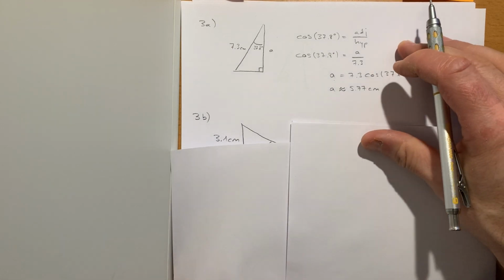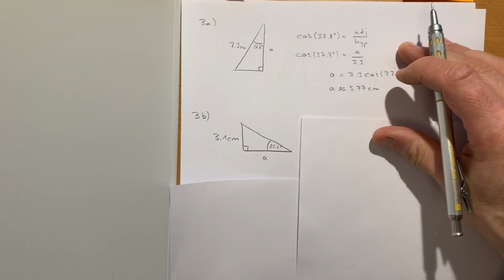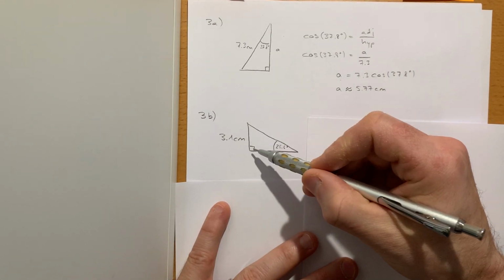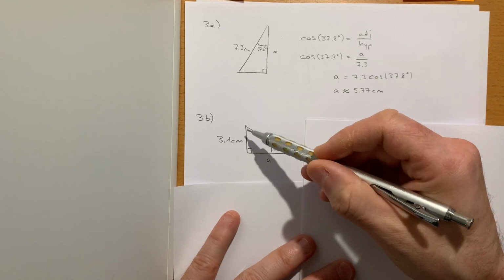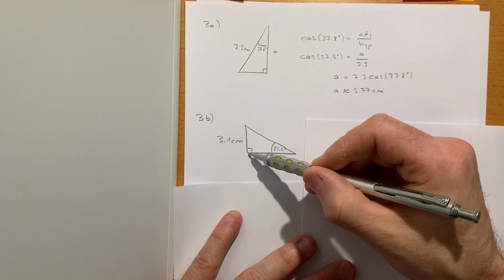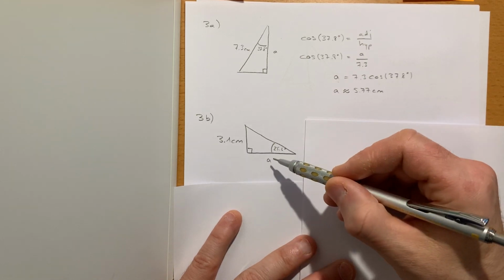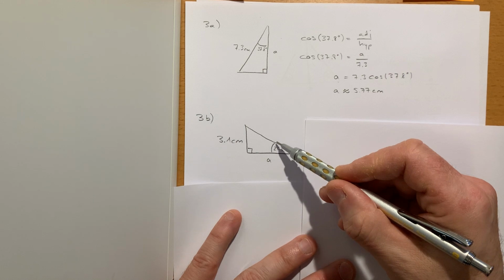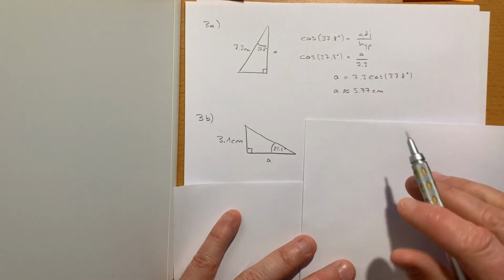Here, the next one, the sketch looks like this. We're given a leg, the shorter one, and we're looking for the longer leg, the adjacent leg, and the angle is 25.6.